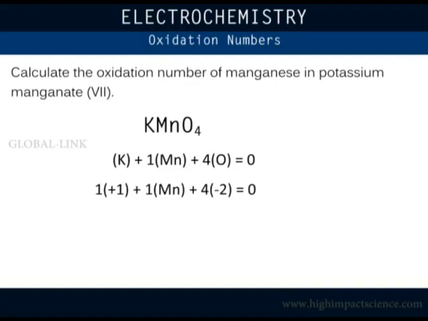So +1, the oxidation number of potassium, plus manganese, plus 4 times -2, the oxidation number of oxygen, should give us 0. So we have 1 plus manganese minus 8 is equal to 0. And the oxidation number of manganese is given by 8 minus 1, which gives us +7.